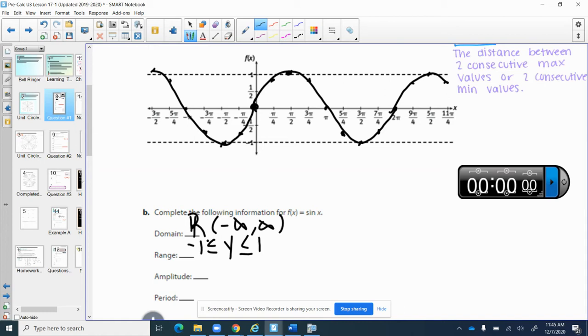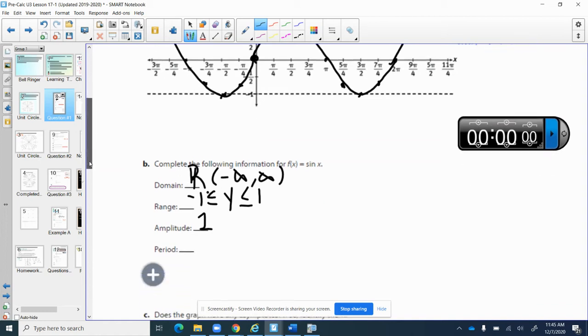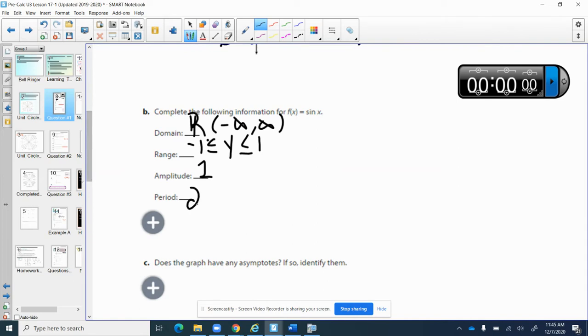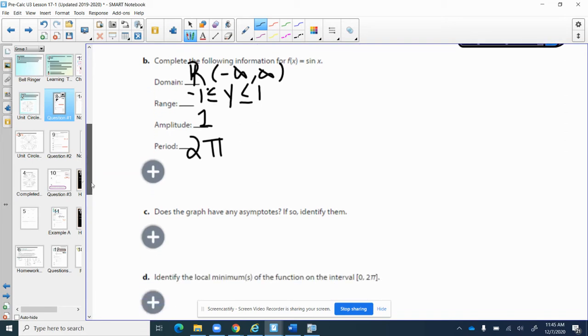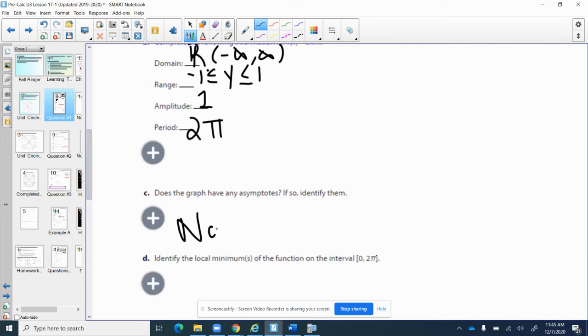The amplitude here is 1 because we go 1 unit above our midline at y equals 0 and 1 unit below. And then the period is 2 pi, which is how long it took us to make one full revolution in our graph. There are no vertical asymptotes that we have to worry about, hence why our domain is all real numbers.